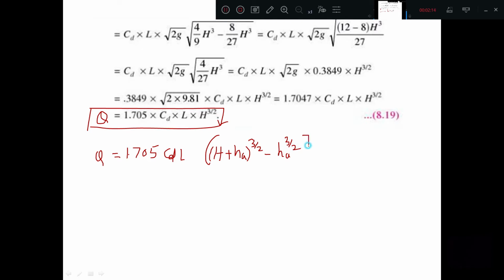This is the change in the equation if we consider the velocity of approach. As you know, the velocity with which the water approaches the weir is called the velocity of approach. Because of that there is a slight increase in the head of the water, which can be written as h plus HA raised to 3 by 2 minus HA raised to 3 by 2. I hope you understood this.